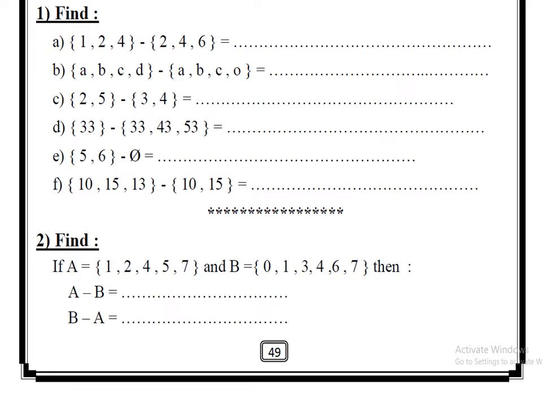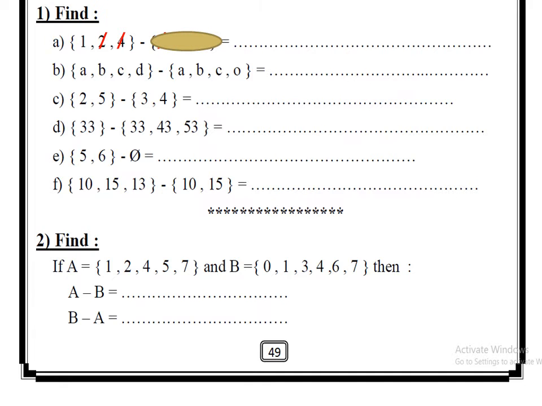Okay, first exercise. If I have two sets, first set 1, 2, 4, difference 2, 4, 6. For number 1, I have to cross away what's common between them. So here I'm going to cross away the 2, cross away the 4, and then cover the second set.